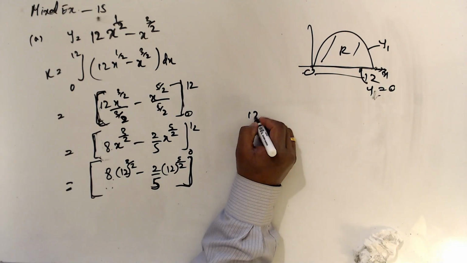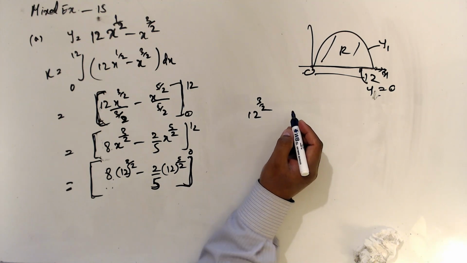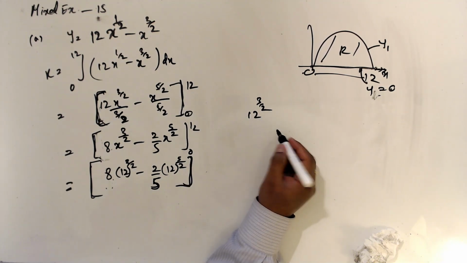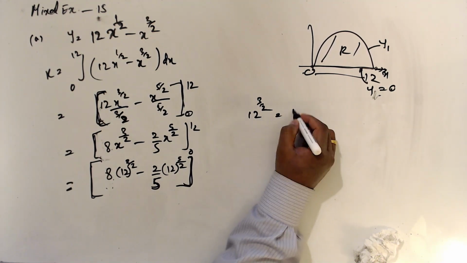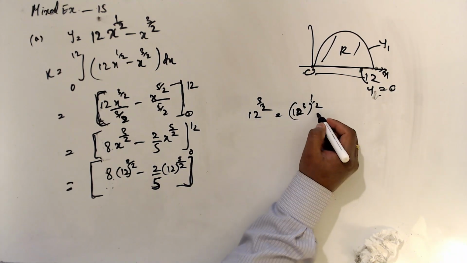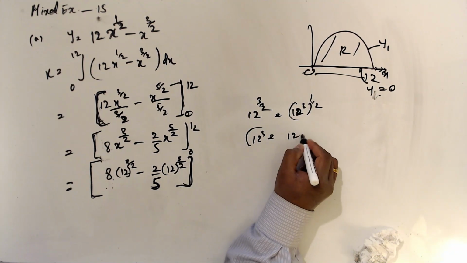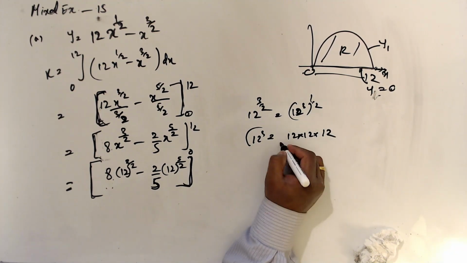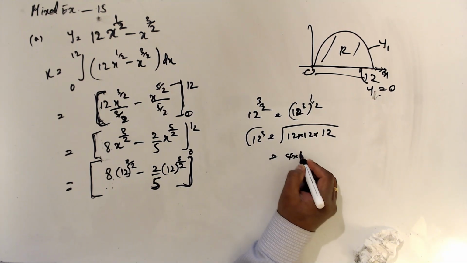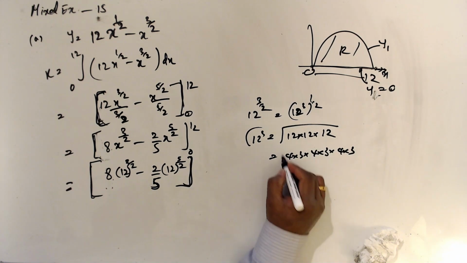And 12^(3/2) I can write as 12 cubed to the half, which is the square root of 12 cubed. It means 12 times 12 times 12 under the square root. It means 4 times 3, 4 times 3, and 4 times 3 under the square root.